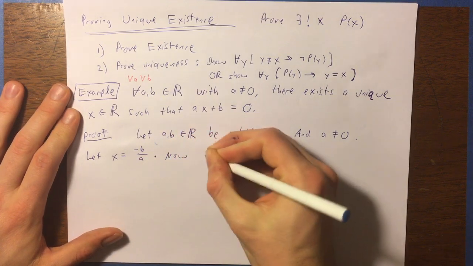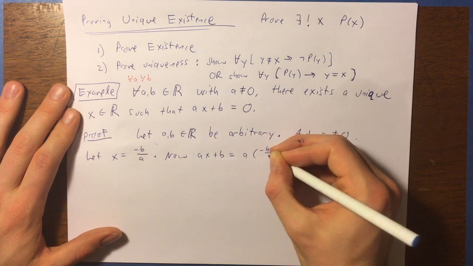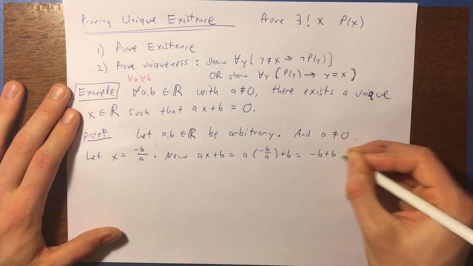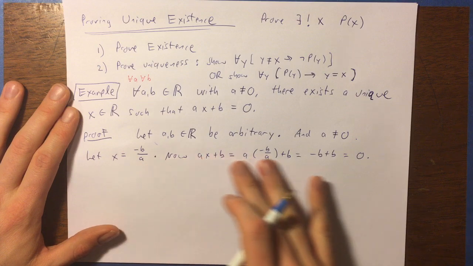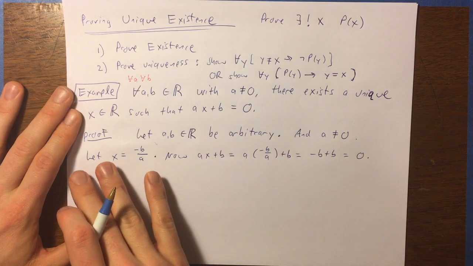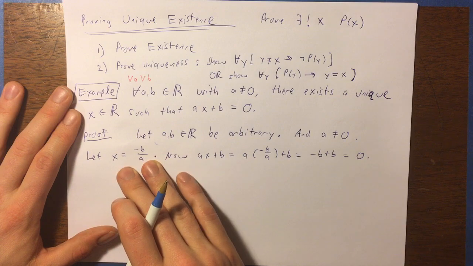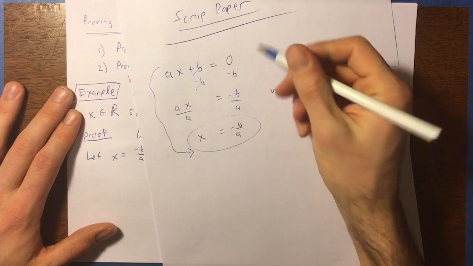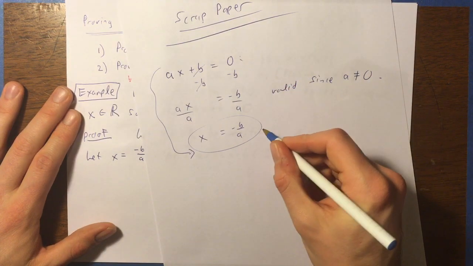Now, ax plus b is going to be a times negative b over a plus b, which will be negative b plus b, which is indeed 0. So you see, when you're actually presenting it, you begin by asserting what x is. You state what x is going to be in terms of a and b, and then you show that it satisfies the equation, as opposed to starting by saying you want it to satisfy the equation and then figuring out what x has to be.